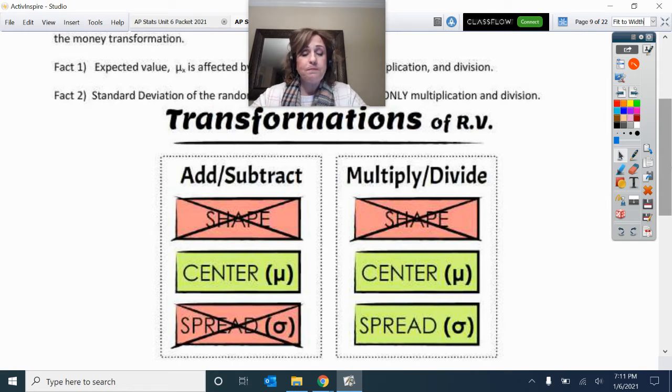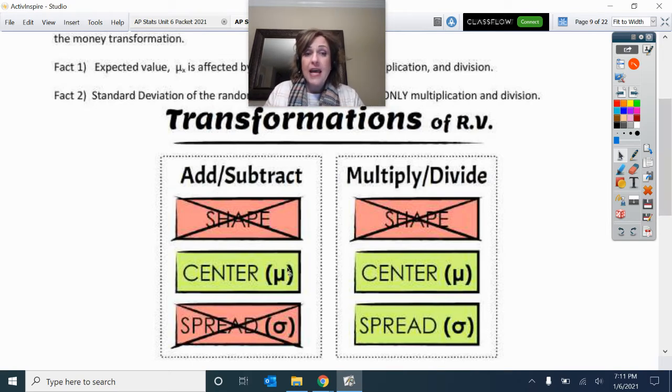Let's recall that the shape of our distribution will not change if you add, subtract, multiply, or divide. It stayed a ball the whole time, whether we shifted it by adding and subtracting, or stretched or compressed it by multiplying or dividing.